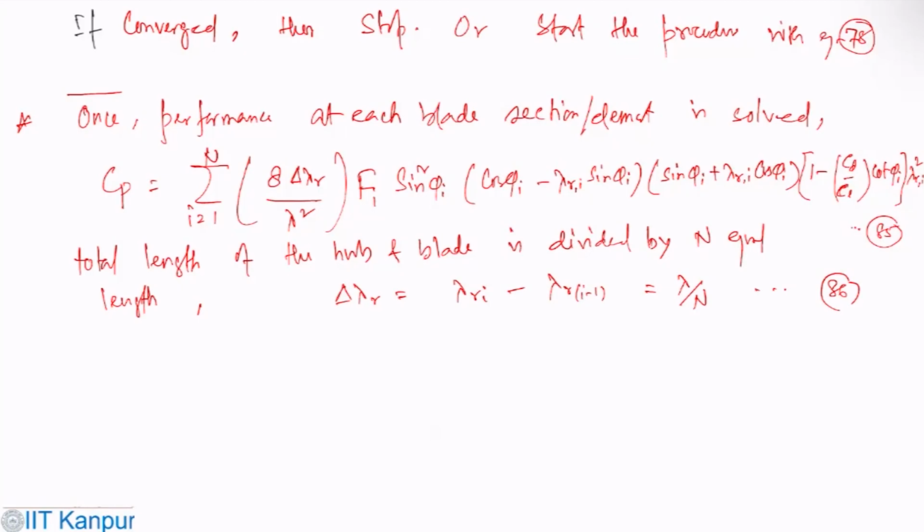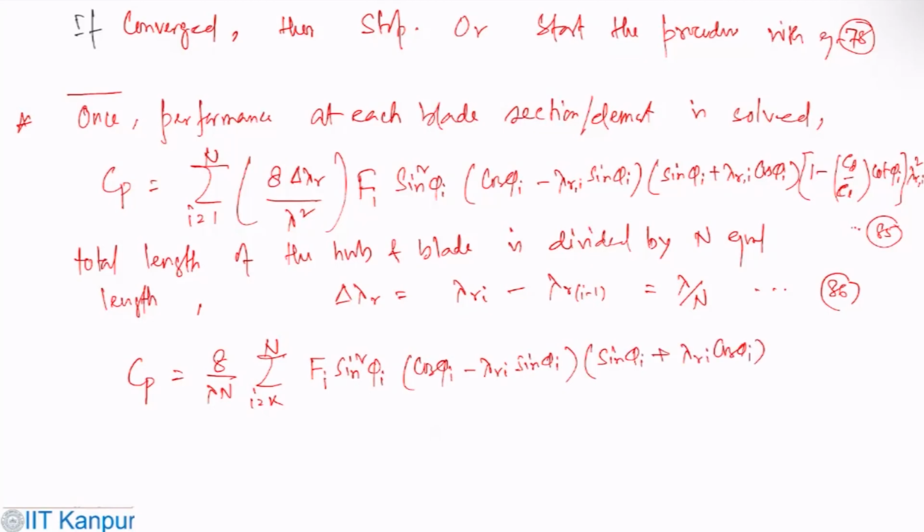So what we can get is that Cp is 8 by lambda n summation of I equals k to n, Fi sine square Phi, Ri, sine Phi, cos Phi, 1 minus Cd by Cl, times lambda ri square.